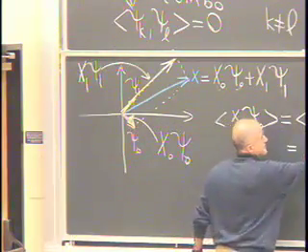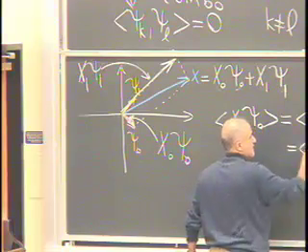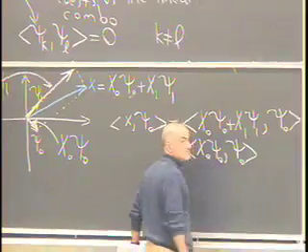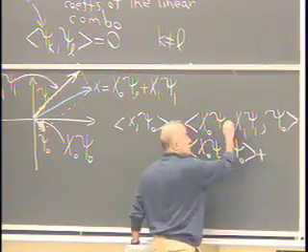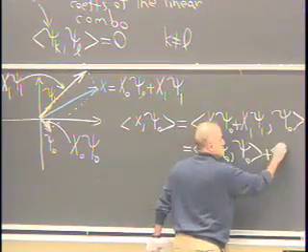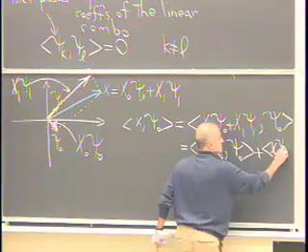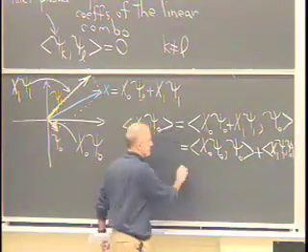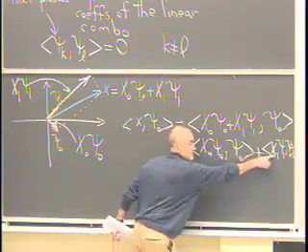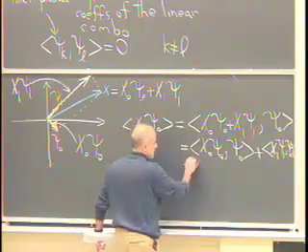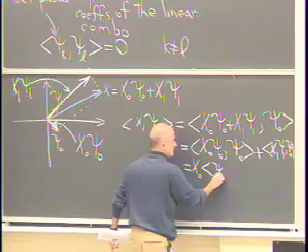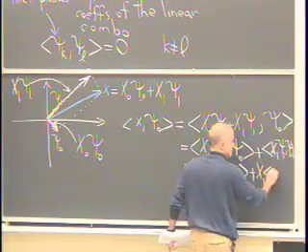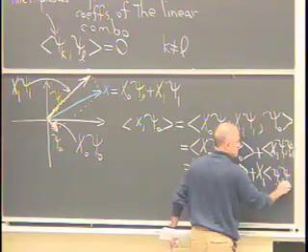So first of all, I have to deal with the summation. So I have x0, C0, projection onto C0, plus, that's where this plus is, x1, C1, project onto C0. And now I have these two constants that I can just take out. So I have x0, C0, C0, plus x1, C1, C0.